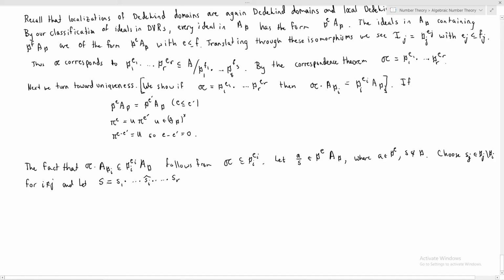Okay, and notice that this big capital S is not in P, since P is prime and each of these s_j's are not in P_i.